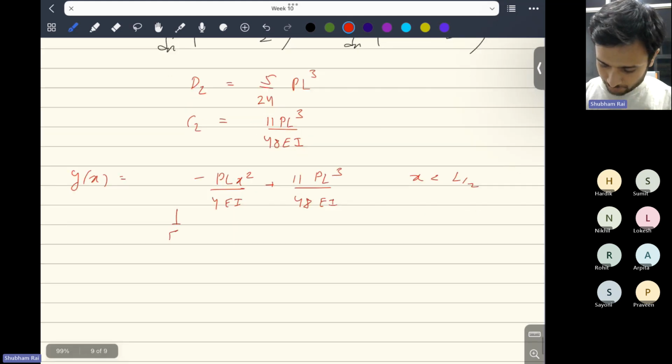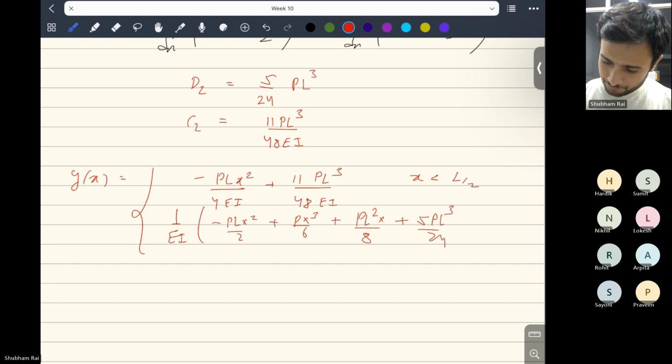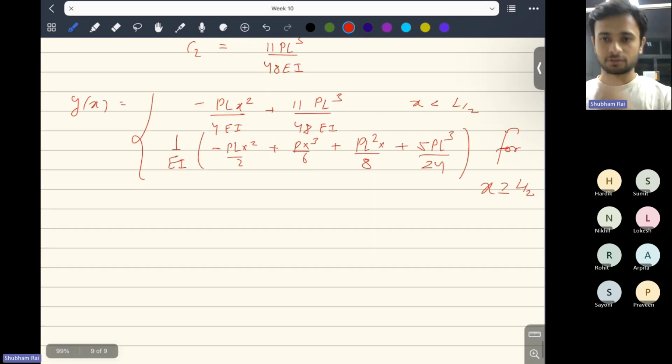And this is 1 over EI times minus of PLx square by 2 plus Px cube by 6 plus PL square x by 8 plus 5 PL cube by 24. And this is valid for x greater than or equal to L by 2. This is the final solution.